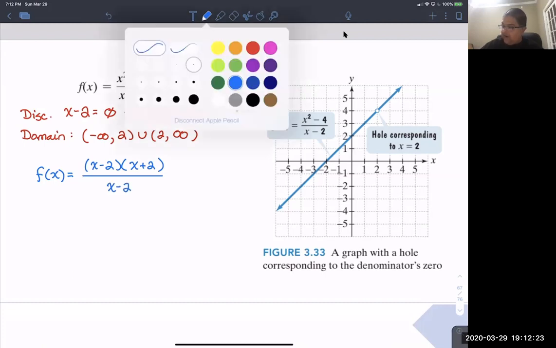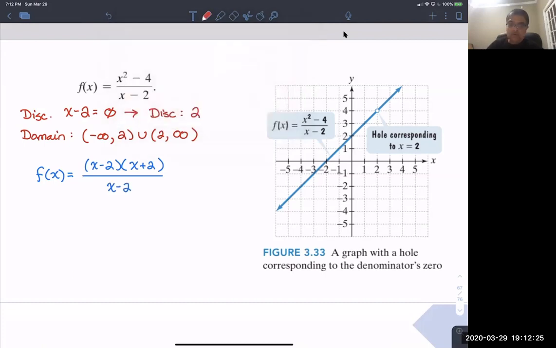So are there any binomials that can be canceled? Well, yes, x minus 2 can be canceled. That means the discontinuity, which is 2, that's associated with x minus 2, is a hole or removable discontinuity. So my hole is x equals 2.